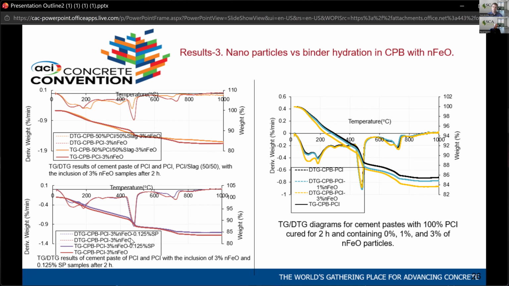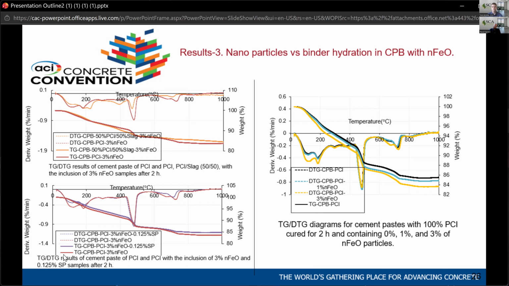Same thing happened with the other one. These are all 3% nanoparticles and 0% slag. So the slag and the binder percentage are the same. The only thing I changed is the superplasticizer I add.